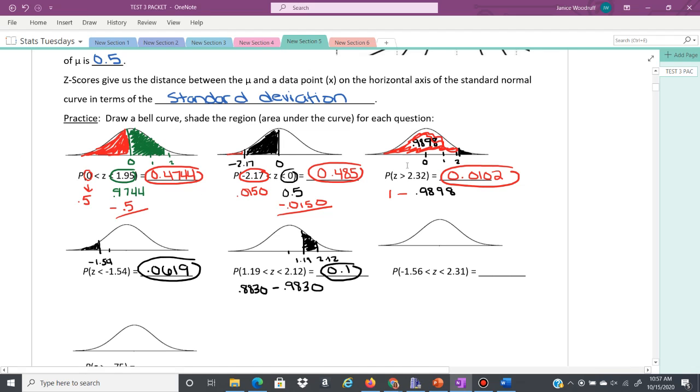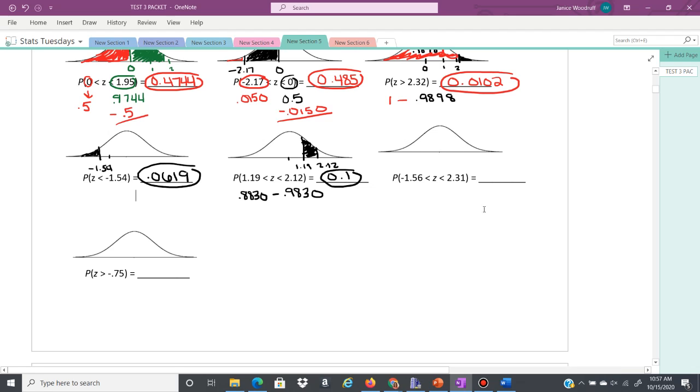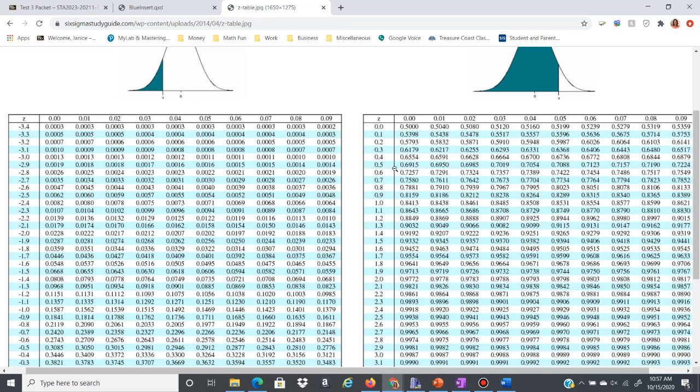Okay, so then let's take a look at these final two here. You have negative 1.56, which we'll say maybe is about right here. And then 2.31 we'll say is about right here. Okay, so this should be, I'm thinking it's going to be over 0.5 for sure. Going to be a big probability here. All right, so let's look up 2.31. So 2.31, 0.9896.